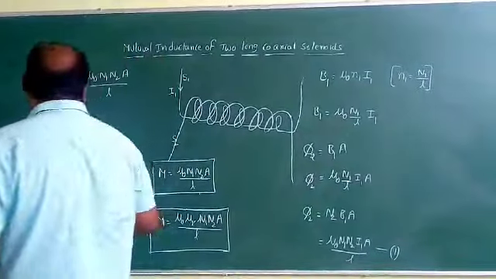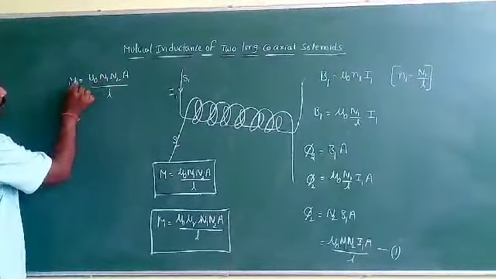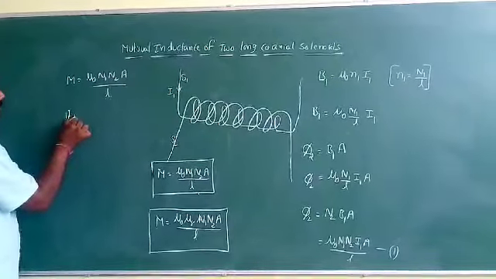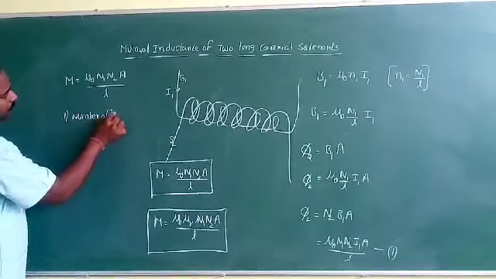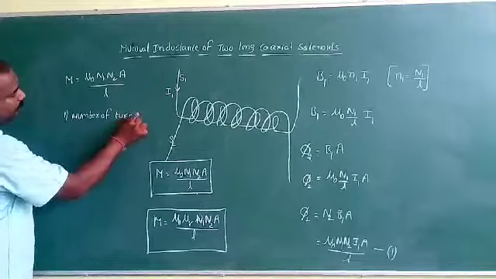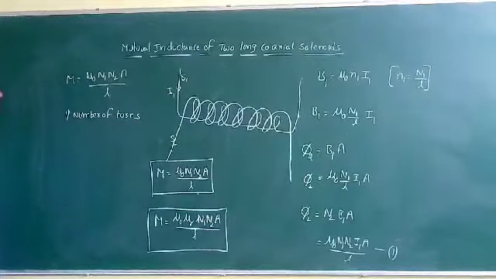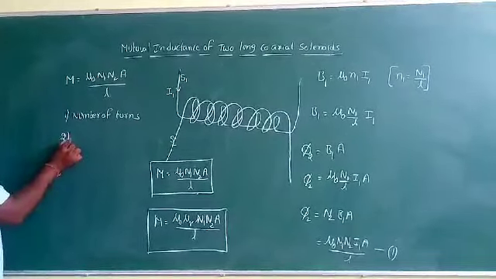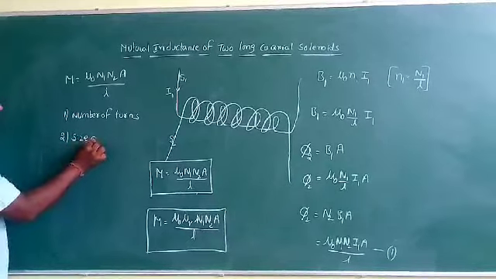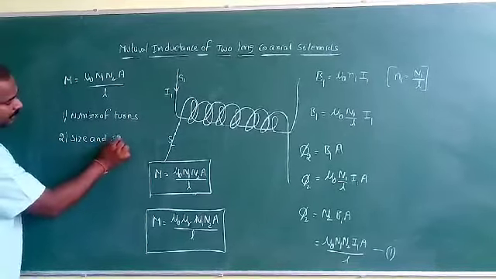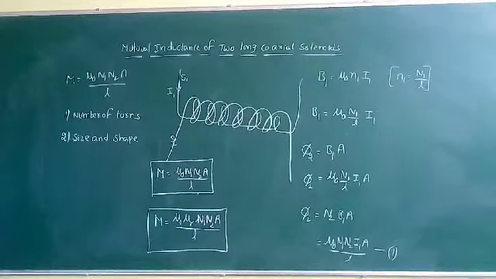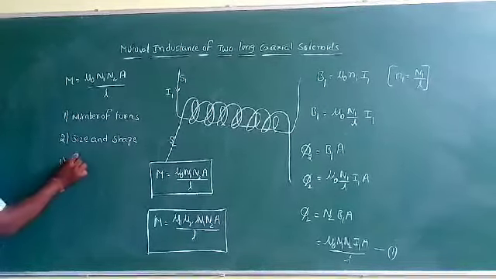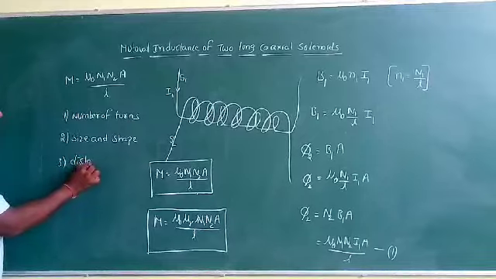See here, mutual inductance depends on the number of turns. This is the first one. And mutual inductance depends on the size and shape of the coils, and it depends on the distance between the coils.